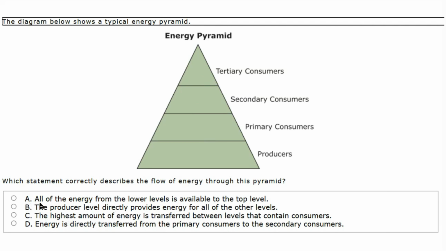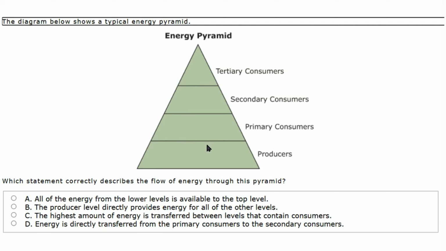Option A is all of the energy from the lower levels is available to the top level. We know that the producers are the ones who get the direct energy from the sunlight. And from producers it comes to primary consumers, then primary consumers to secondary consumers, and secondary consumers to tertiary consumers.